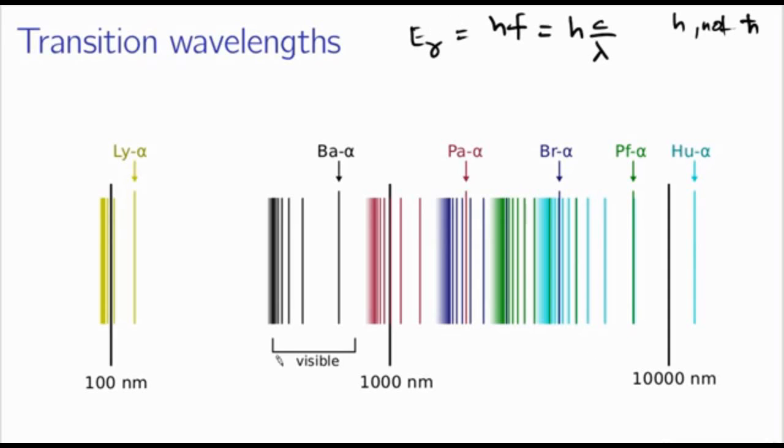Doing so, you end up with this sort of thing, and this is a logarithmic scale now, 100 nanometer wavelength, 1000 nanometer wavelength, 10,000 nanometer wavelengths, and these things fall in very specific patterns. The Lyman series, which ended with n equals 1 as the final state, so this is a 2 to 1 transition, the longest wavelength Lyman line.